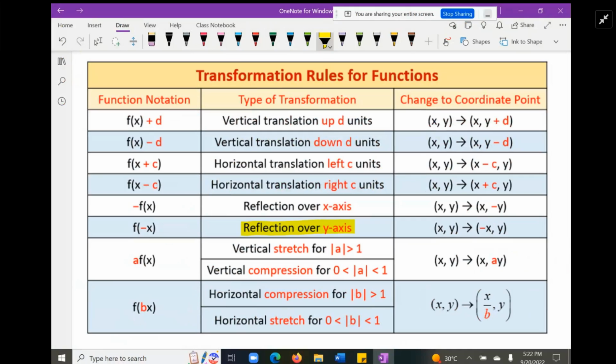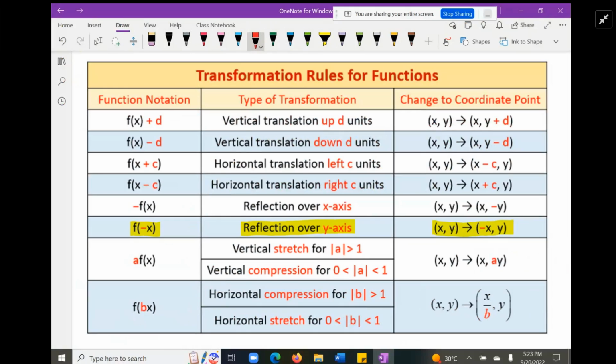So notice first and foremost that the notation is going to be something like this: f of negative x. This is a very generalized notation, but you're going to see how this pans out. You should have already seen in examples what this looks like in an equation when it talks about reflection over the y-axis. Now in the third column, we see what's changed.